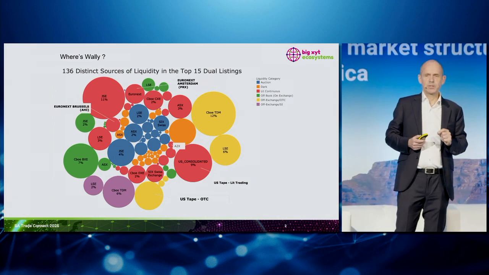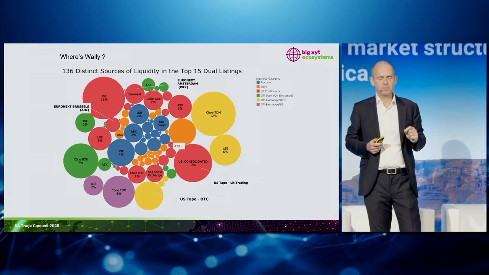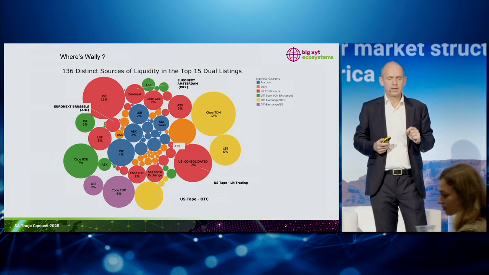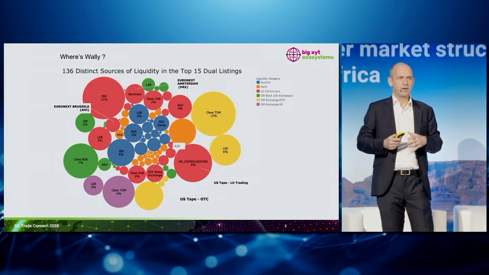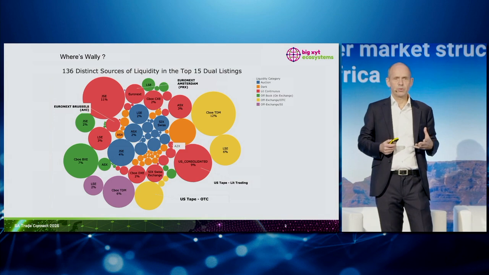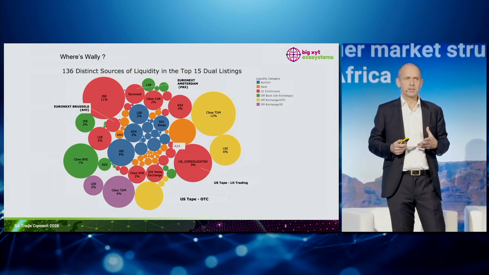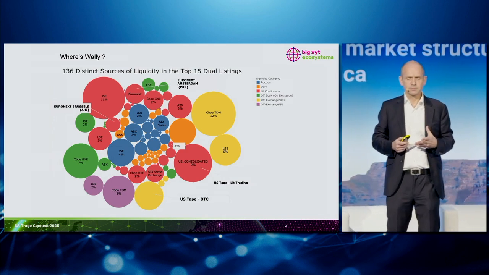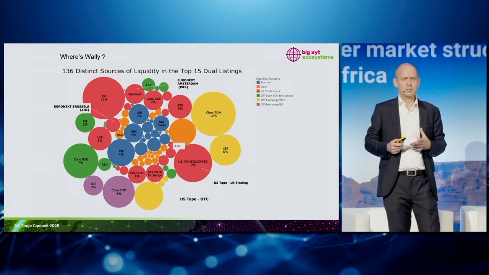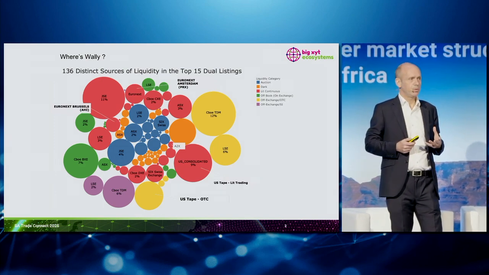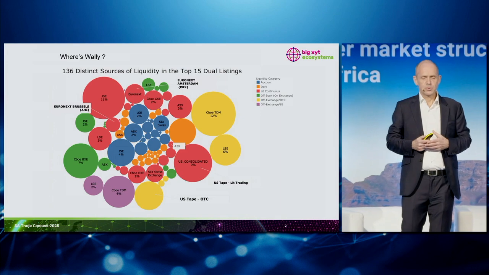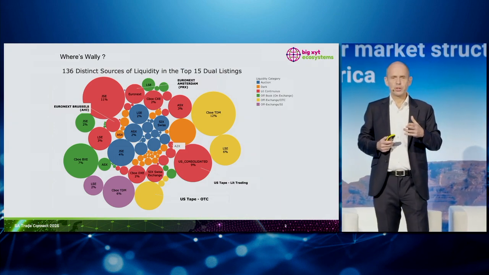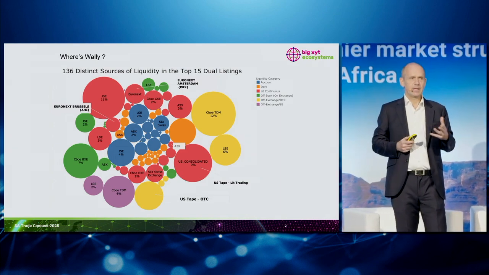The colors represent the type of liquidity pool. So, for example, the red is, if you like, the intraday order book, where the price formation process is most important. The orange is dark pools, and the blue is the auctions. So the red, the orange, and the blue is effectively electronic trading.